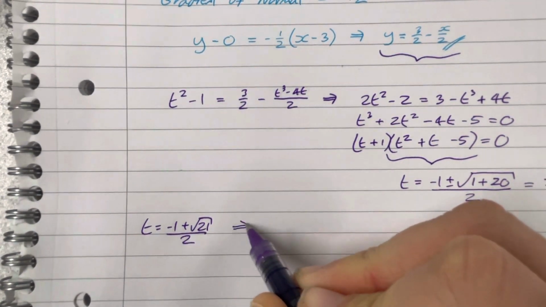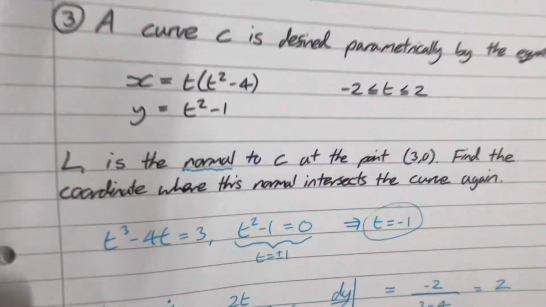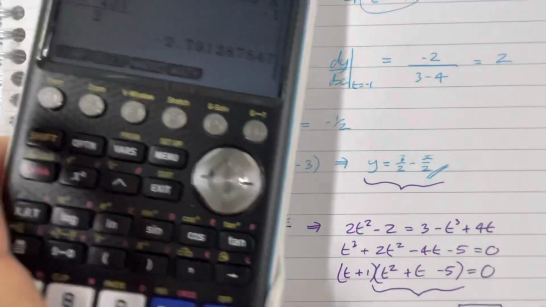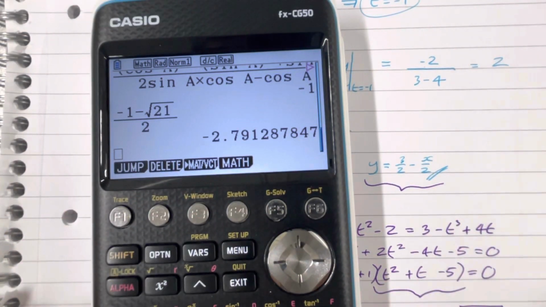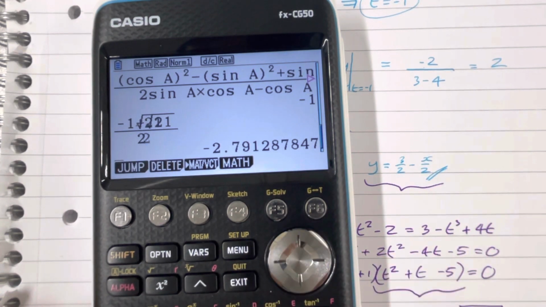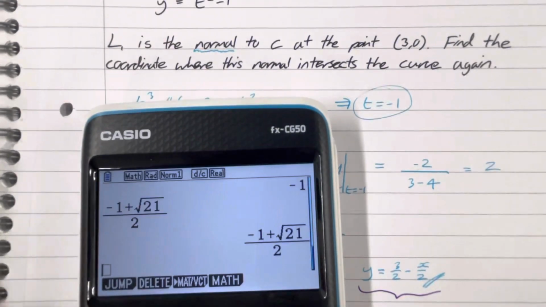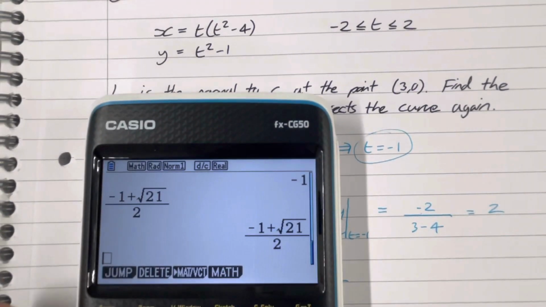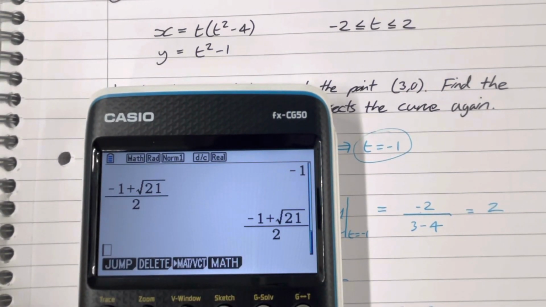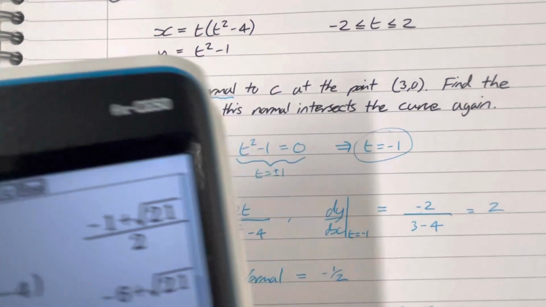And now I can plug that back into here and here to find my x and y coordinates. So I'm going to plug that in, that's my exact t value, and then use the definition for x at the top here. So that's going to be the answer cubed minus 4 times the answer, all over 2, and that's minus 6 plus root 21.